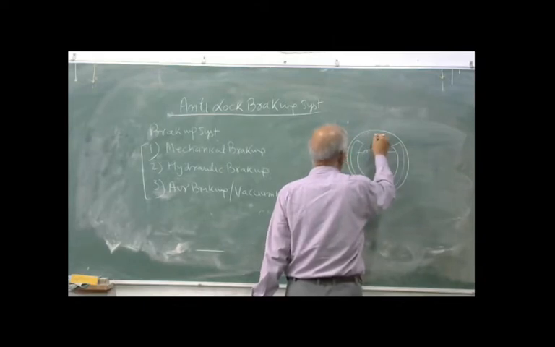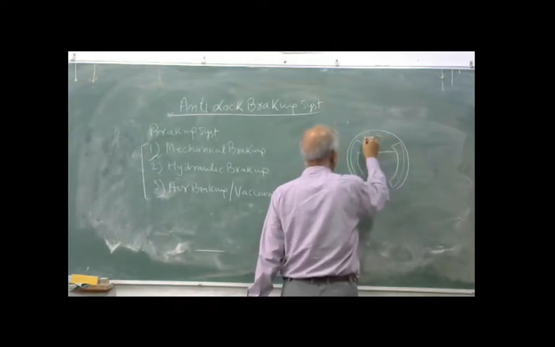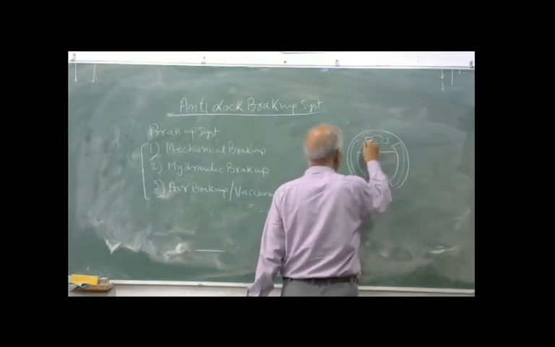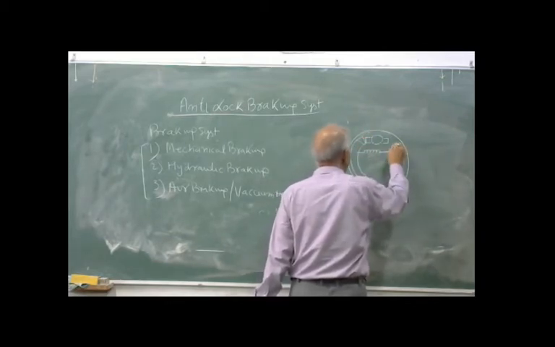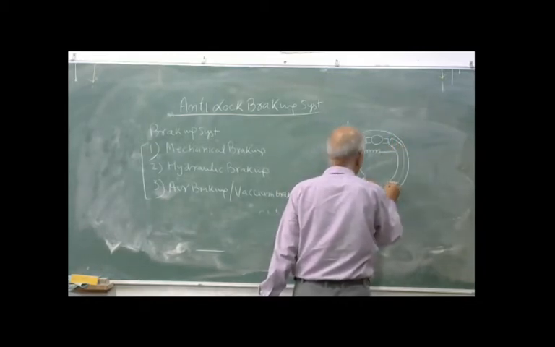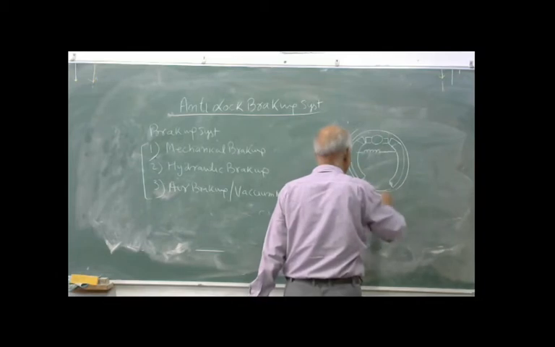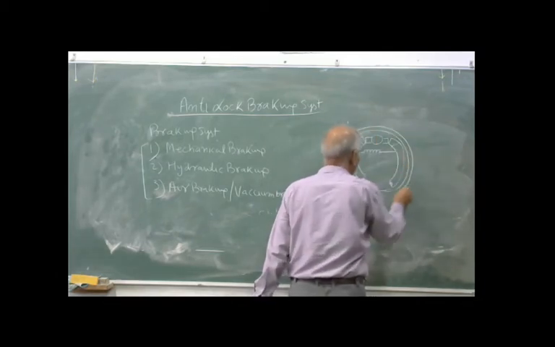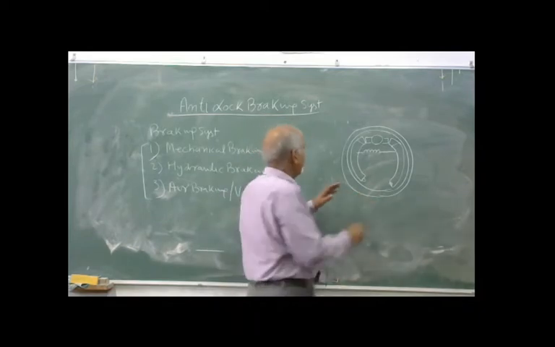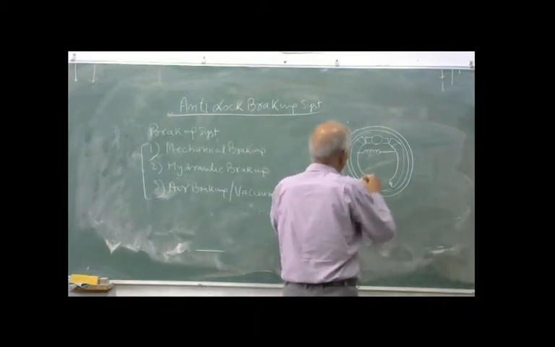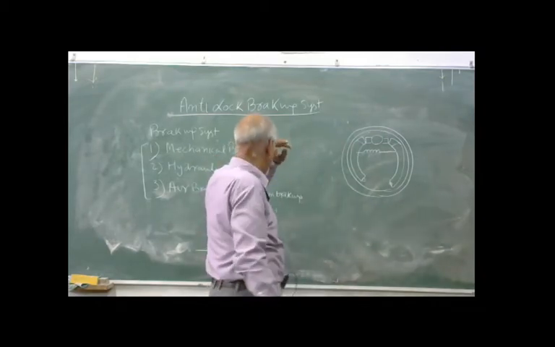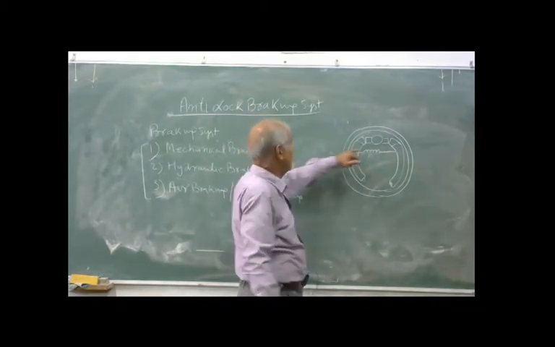And if it is a mechanical brake, then cam arrangement is there. These are fixed points. This is your brake drum. So what exactly happens when you just apply the brake? This cam is being operated. In case of mechanical brake, one wire connection is there to this cam.